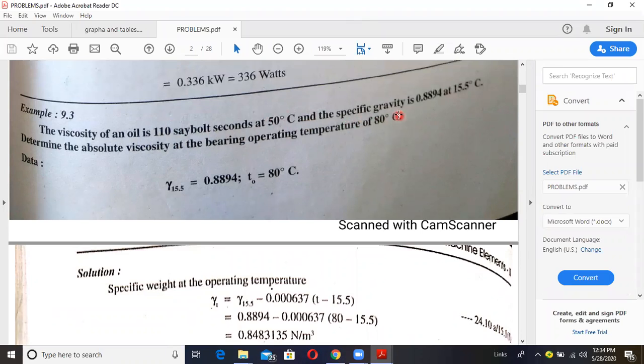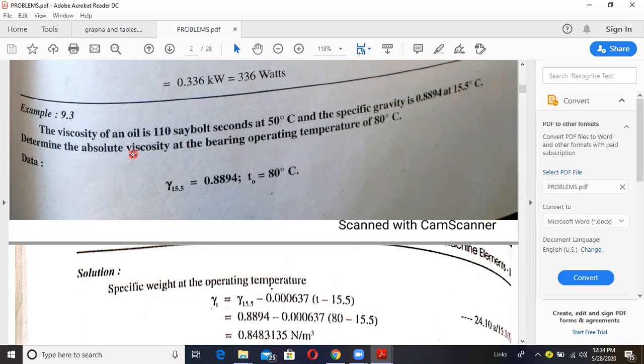And specific gravity is 0.8894 at 15.5 degrees Celsius. Determine the absolute viscosity at the bearing operating temperature of 80 degrees Celsius. At this 80 degrees Celsius, we are going to calculate the absolute viscosity neta.